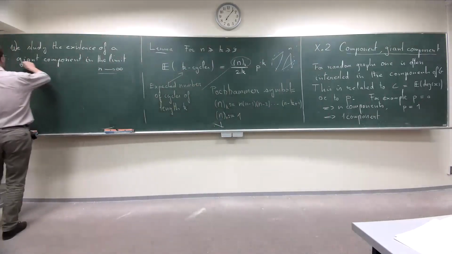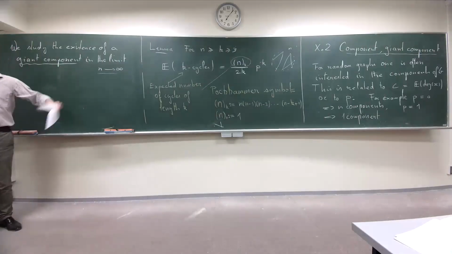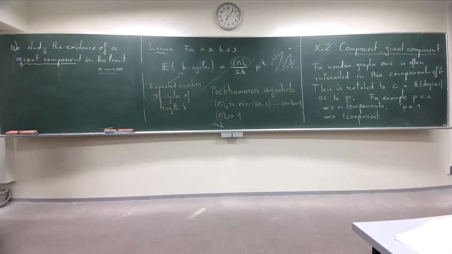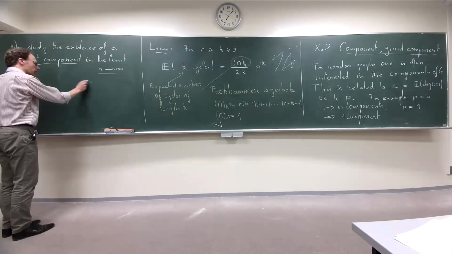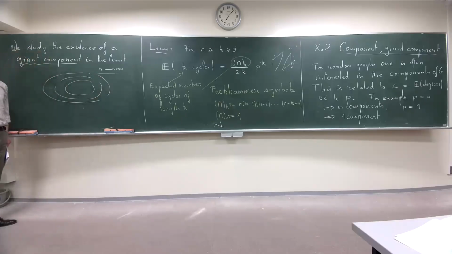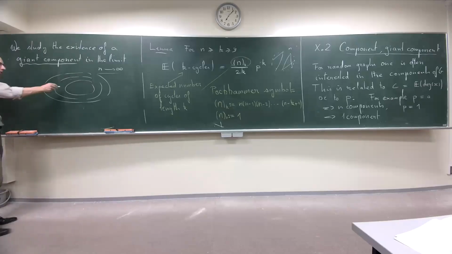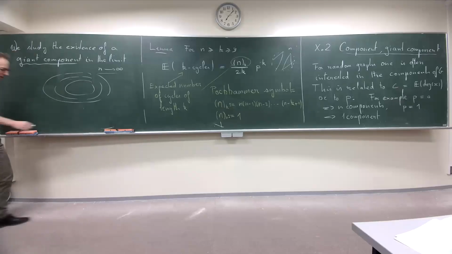So what is a giant component? Of course, if I give you directly a graph of size infinity, it's difficult to define it. So think like this: you increase the size of your graph. Or you start with an infinite graph, but you cut a part, and then you cut a bigger part. So the definition I'm going to write is, we consider an increasing sequence of finite graphs, but of course, this sequence has to go to infinity.